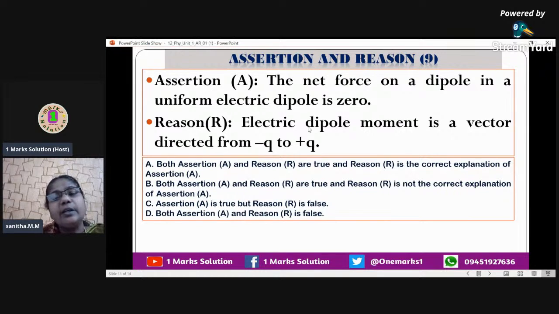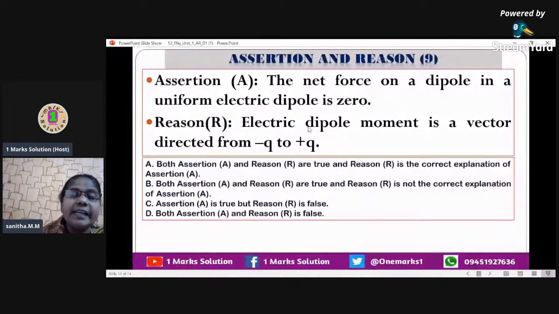Why is it zero? In a dipole, positive and negative charges are there. So when it is placed in a uniform electric field, they will get a plus QE and minus QE, so the total force will be zero. So the reason is not the correct explanation of the assertion.